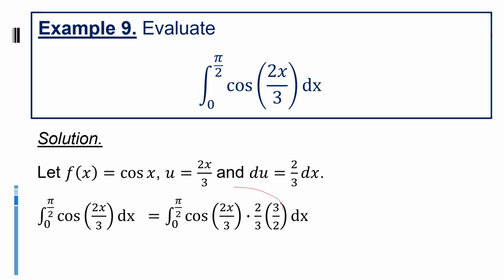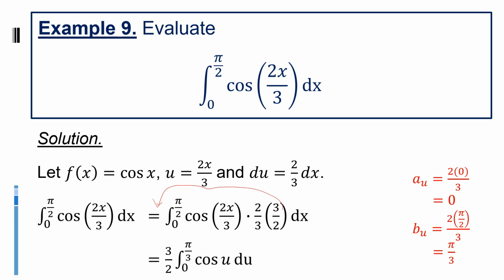So, ilalabas natin ito dito. Our lower limit now is 2 times 0 over 3, or that is 0. And our upper limit is 2 times pi over 2 over 3. So, that is pi over 3. So, we now have 3 halves times the integral from 0 to pi over 3 of cosine u du.